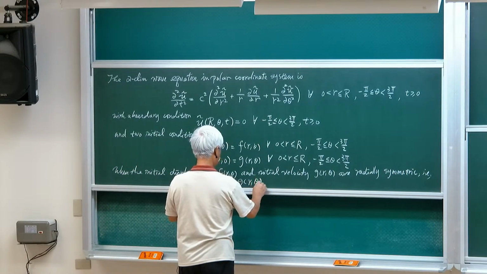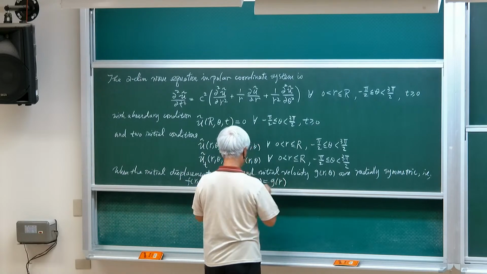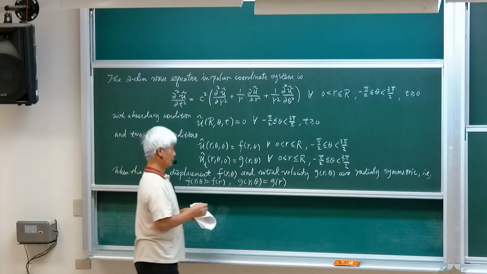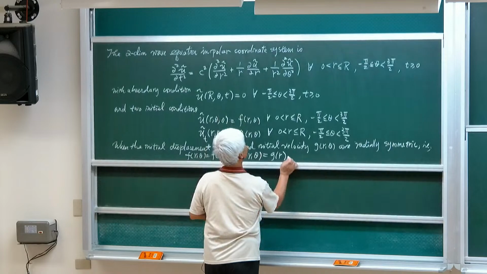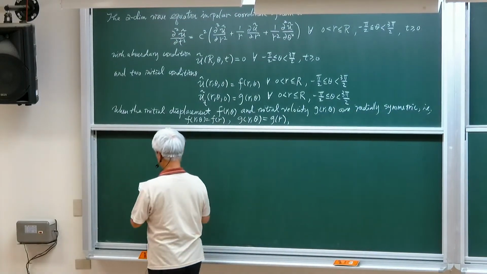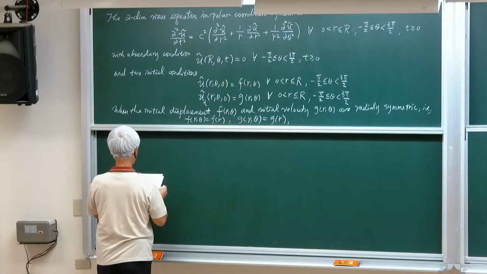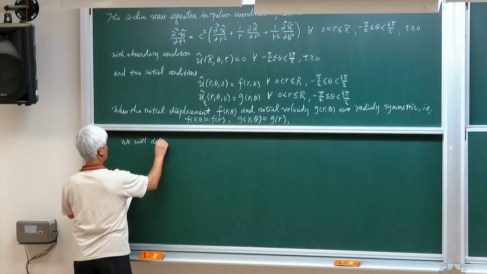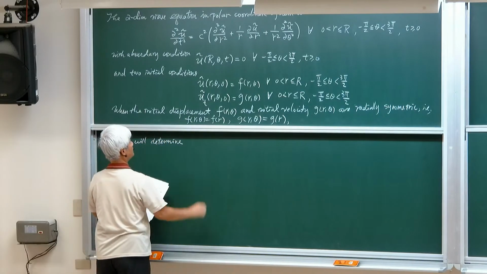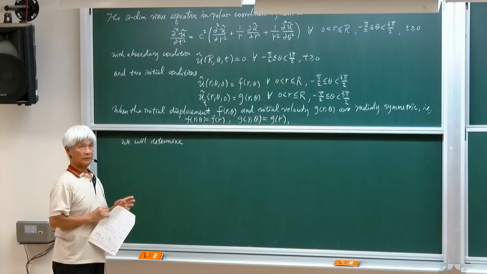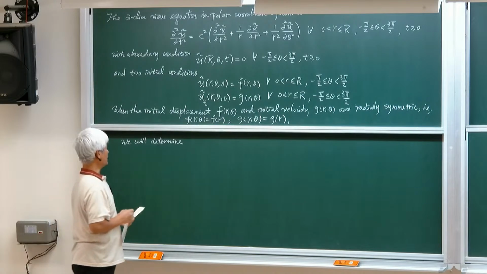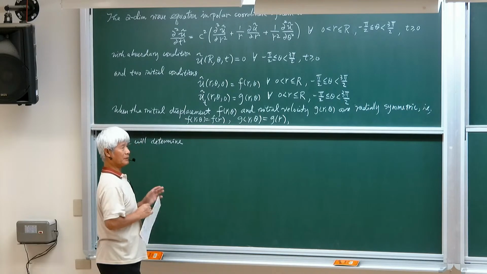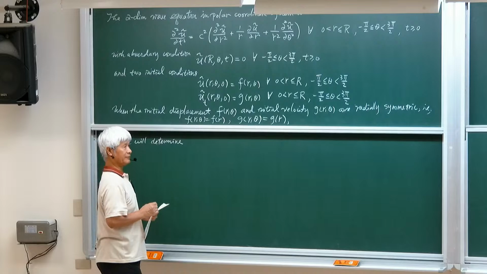Similarly, the initial velocity depends only on the radial distance r. So in this case, the solution will be dependent only on r and independent of theta.